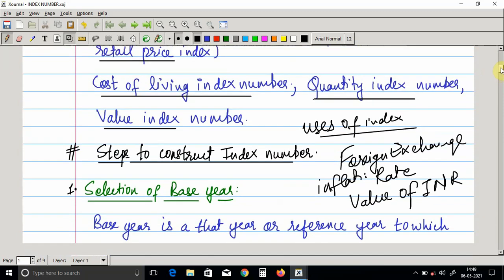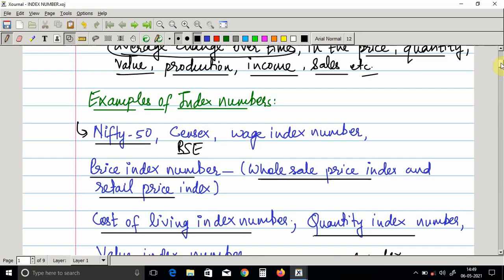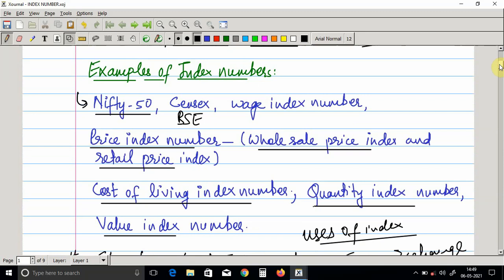If we look at index numbers from the mathematics point of view, I must say this is a very small application of mathematics, which depends on ratios, percentages, or relative comparison.